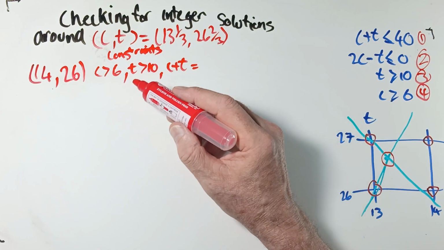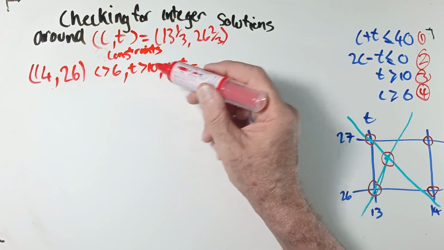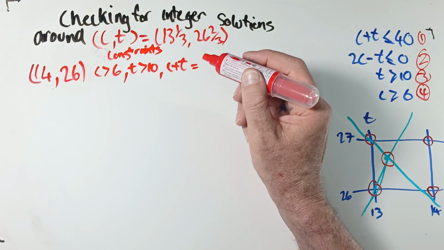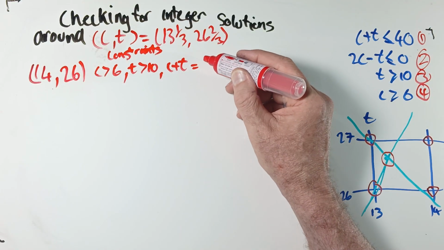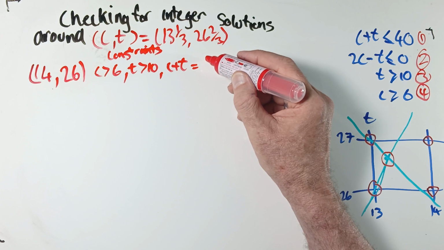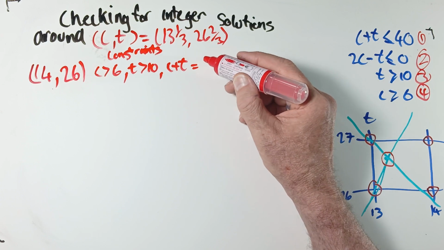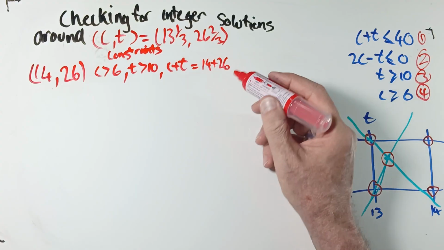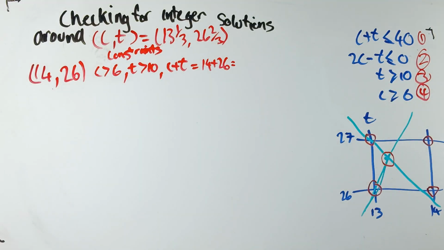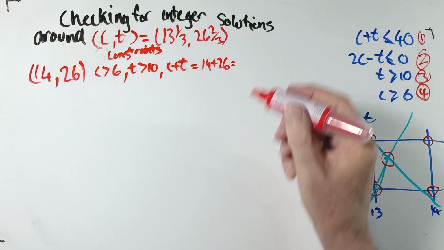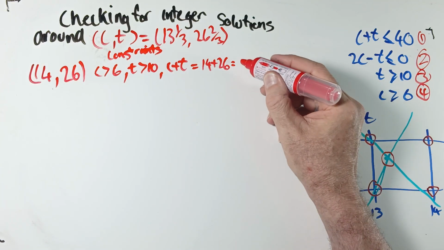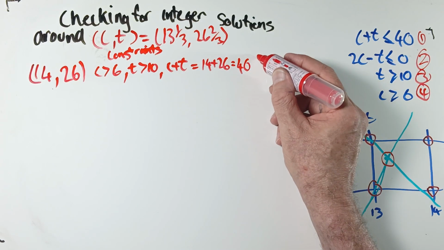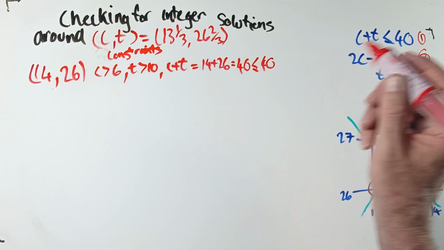So 14 is greater than 6, 26 is greater than 10, but C plus T here is 14 plus 26, which is exactly 40, which is less than or equal to 40.